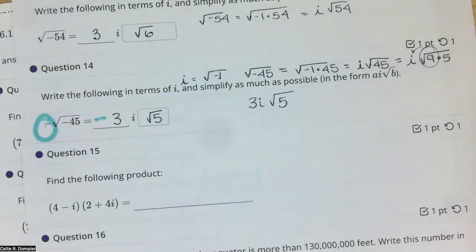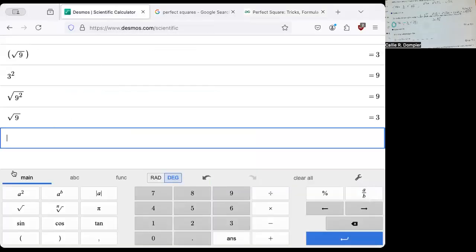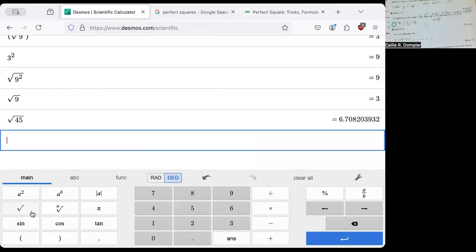Okay? There's also a way to check this during the exam if you want to. For this one, you can ask, what is the square root of negative 45? What's the square root of 45? And then you can say, what is 3 square root 5?